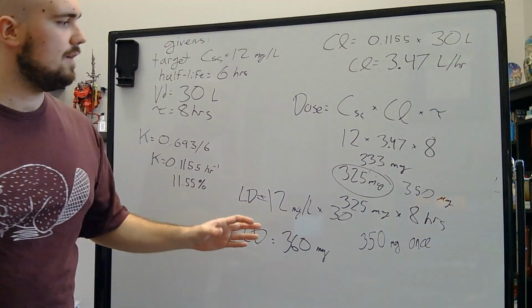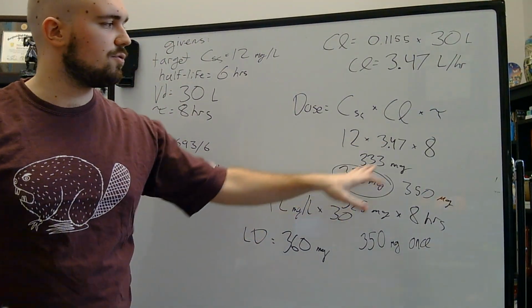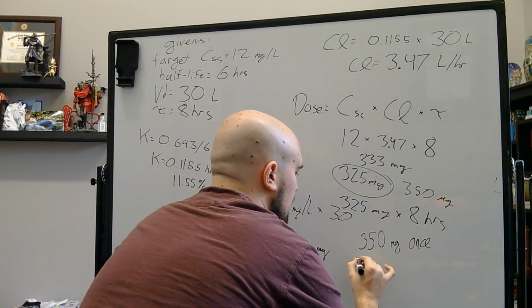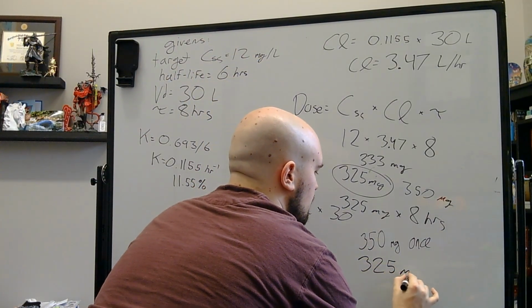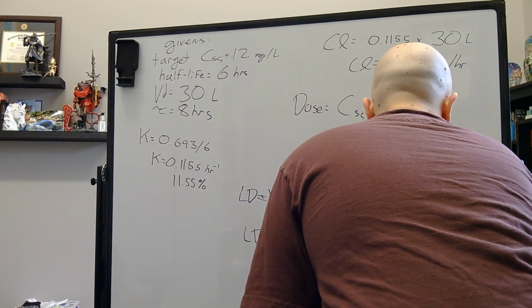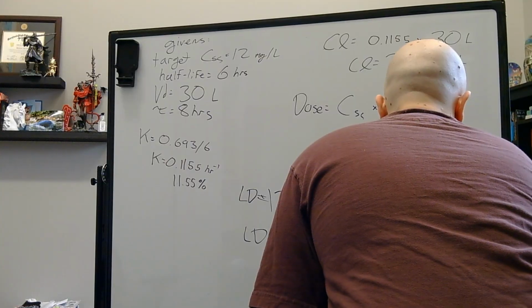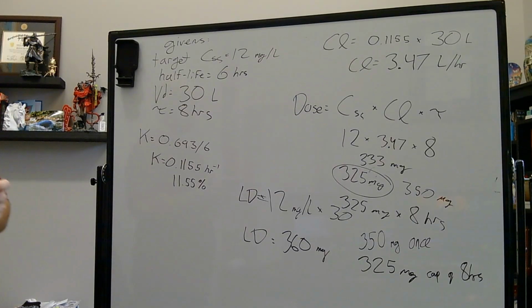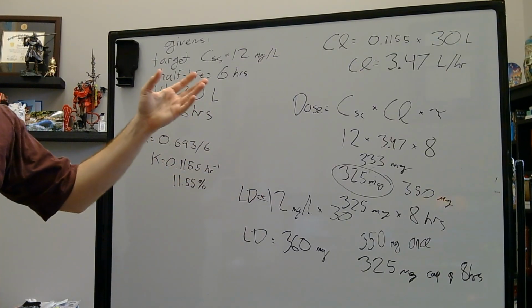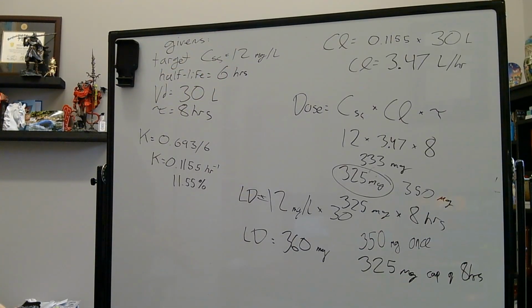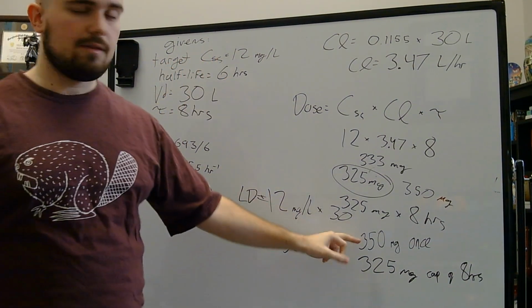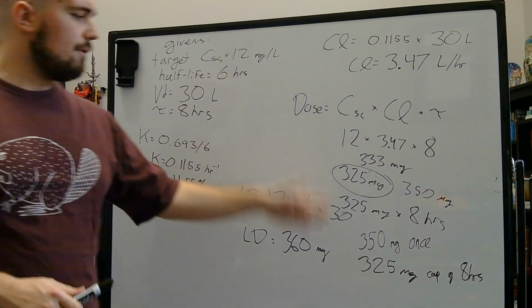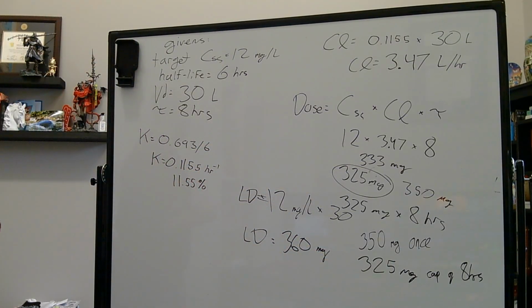And then we prescribe them a 325 milligram capsule every 8 hours. With this, you would achieve the target concentration of 12 milligrams per liter faster than you would otherwise, with the loading dose of 350 milligrams and a regimen of a 325 milligram capsule every 8 hours. All right.